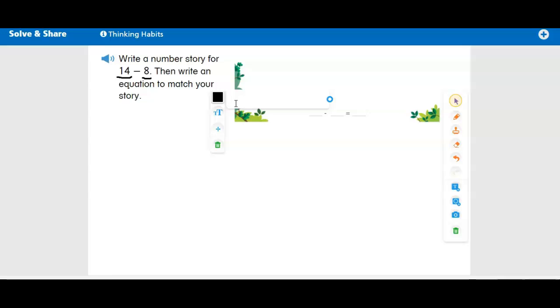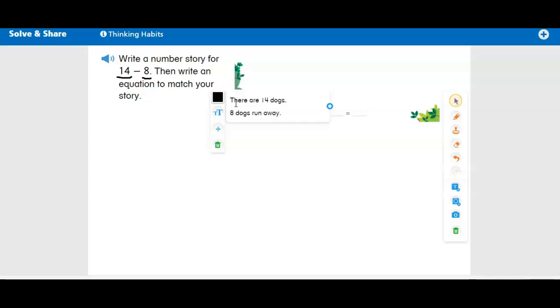So let's start with, there are 14 dogs. So this is our first sentence we'll say in our story problem. So it tells us our whole and what we are talking about. So there are 14 dogs. We could say 8 dogs run away.